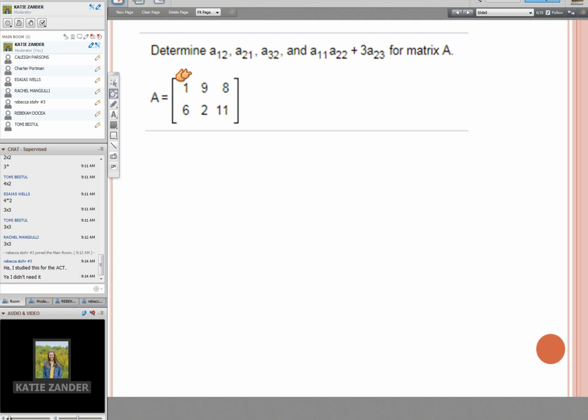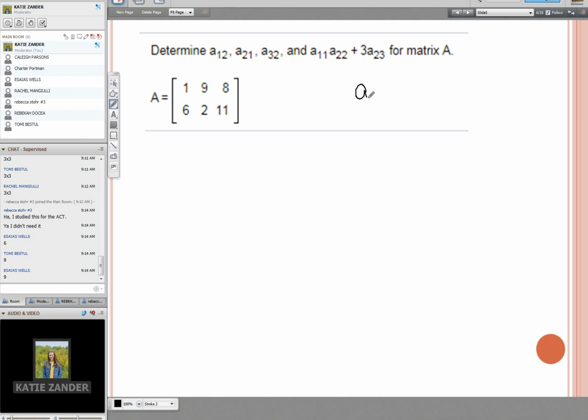All right, so let's go ahead and practice a little bit with some of these operations. Before we do that, I'm just going to have us understand what element they're referring to. So what element is in the A sub 12 spot, which actually means what element is in row 1, column 2?